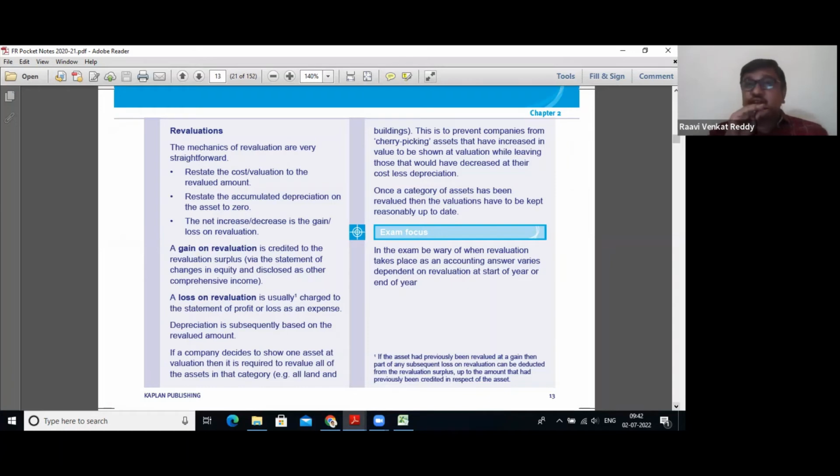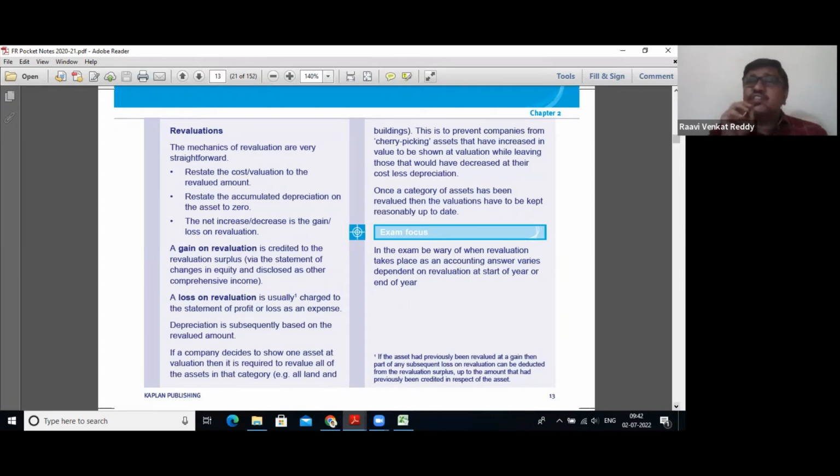For these kinds of assets, in simple terms, if there is any significant difference between the market value and the carrying value of the asset, then generally a company needs to revalue the assets.